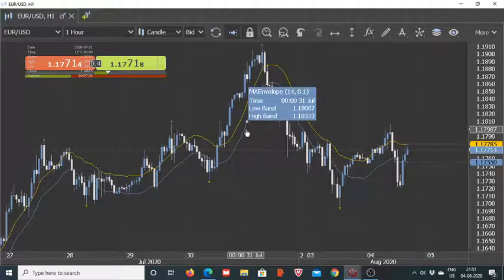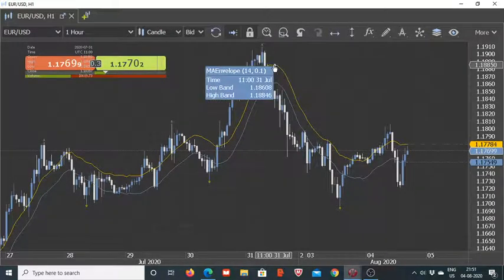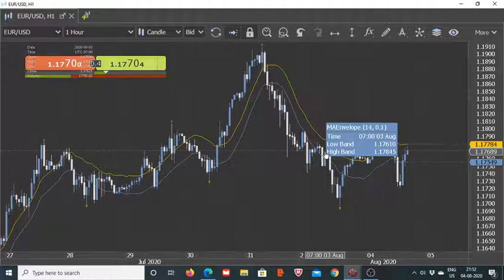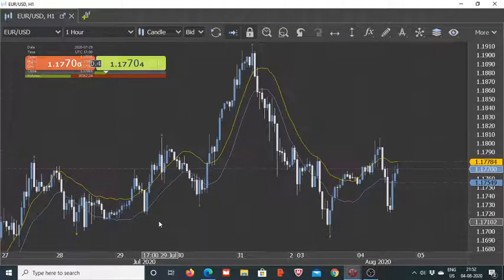It is being calculated on 14 candle periods, and this is the hourly time frame, and the deviation is 0.1% here, 0.1, and this is the MA envelope, and it basically guides us to avoid choppy trades.